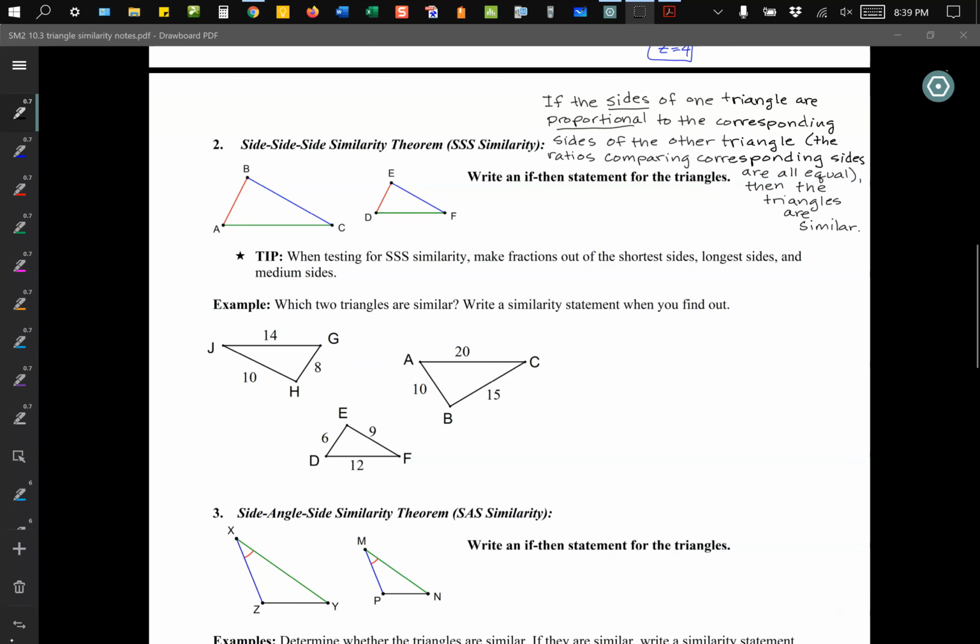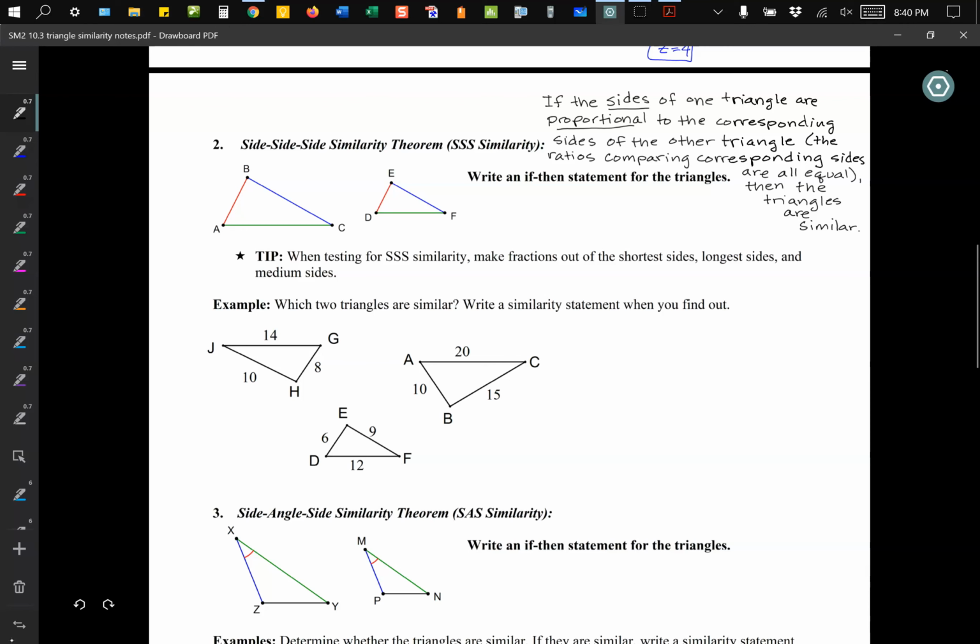Side-side-side similarity says if the sides of one triangle are proportional to the corresponding sides of the other triangle, which means that if you make fractions out of matching sides, all 3 fractions simplify to the same thing, then you have similar triangles.